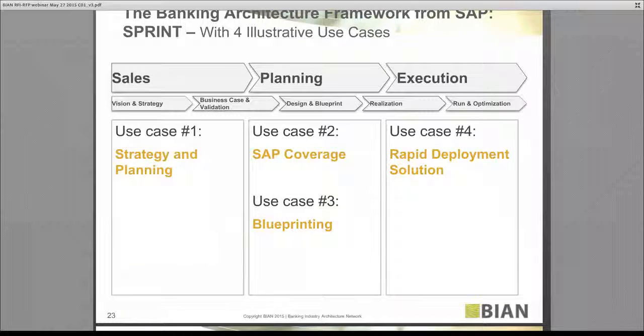All right, on the next slide, we have this discussion to illustrate that typically with showing 4 use cases. And the first use case, strategy and planning, has as a result the respective initiative and rationalized business initiatives.